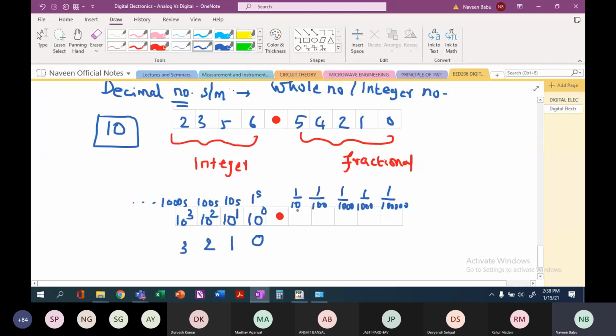Similarly, on the right, it is 1 by 10, which can be written as 10 power minus 1, 10 power minus 2, 10 power minus 3, 10 power minus 4, and 10 power minus 5, etc.